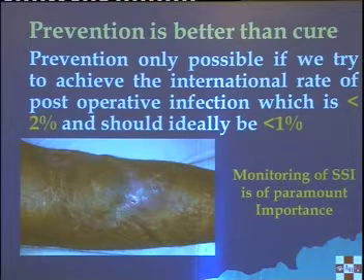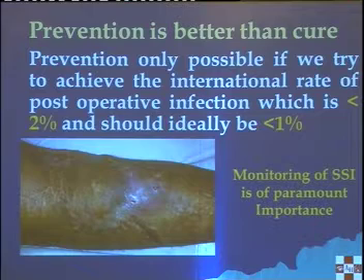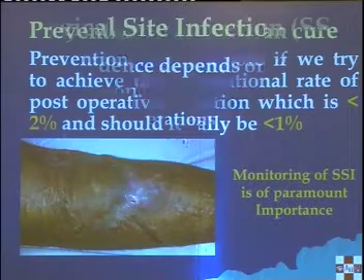You should try to find out through your own auditing: what is my infection rate? What is the infection rate of my unit? My department? My hospital? Unless you know these things and you maintain a chart in your department, you will never be able to know your infection rate.